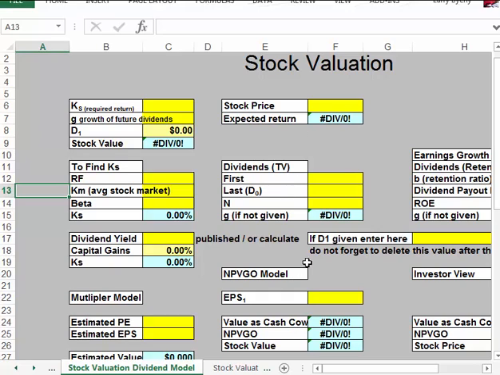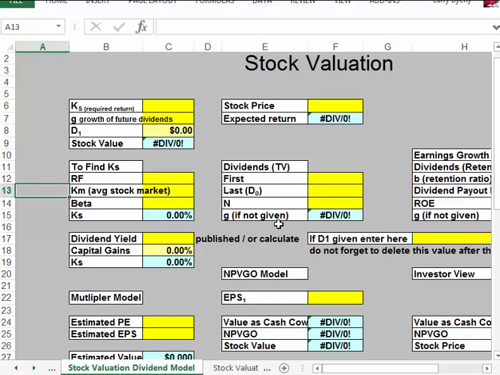We're also going to talk about how you find the growth rate of future dividends. Well, we only have history to look at. So we have two methods that will help us estimate what the historical dividend growth has been. Once we know that, then we can make some adjustments based on company analysis.